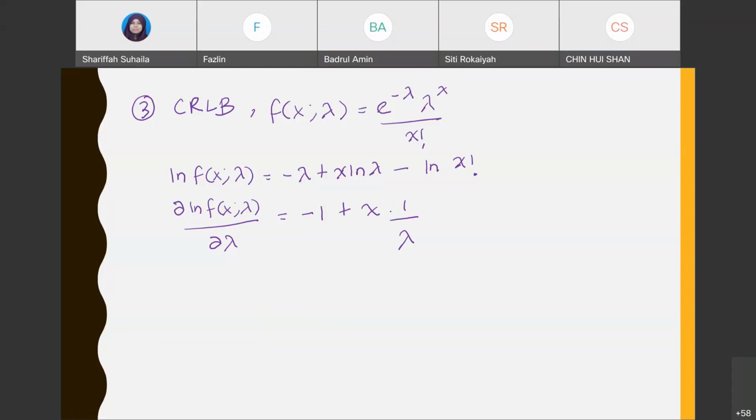So katakan kamu nak differentiate one more time. Kita differentiate x over lambda. Differentiate 1, 0. So that means this one you will get negative x over lambda square. Differentiate 1 over lambda, so you get negative x over lambda square.